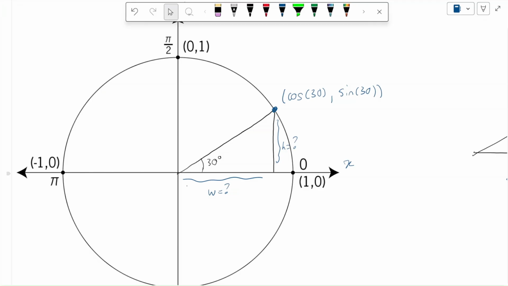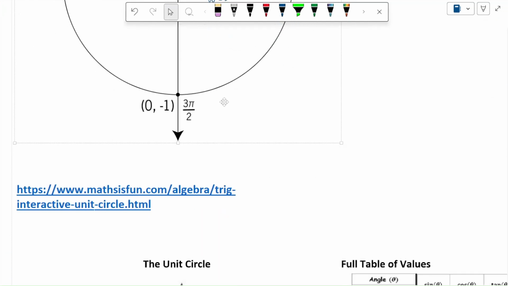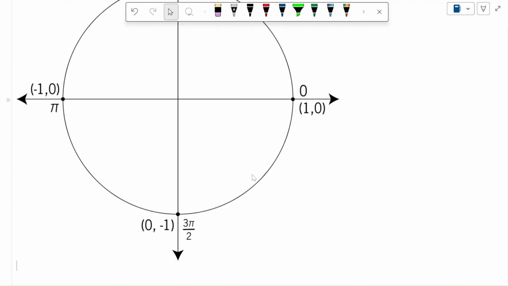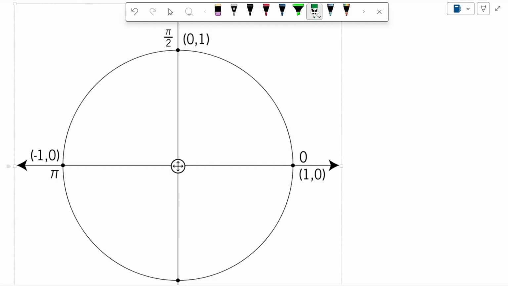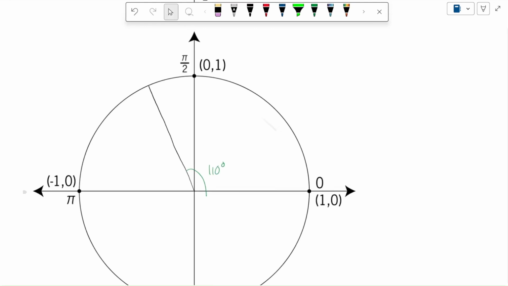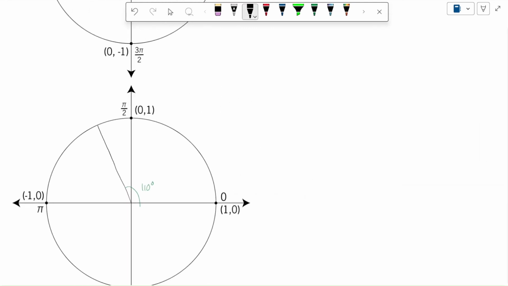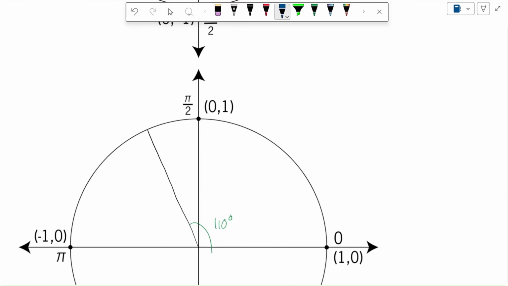So if we draw a couple more unit circle examples, we can have a look. If I make an angle here like, let's go 110 degrees. It's a little bit bigger than 90. I don't know exactly what the cos and sine values are going to be, but I would expect that the x coordinate here is maybe minus 0.3, something like that.